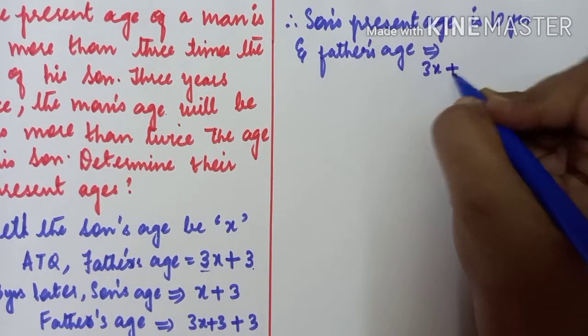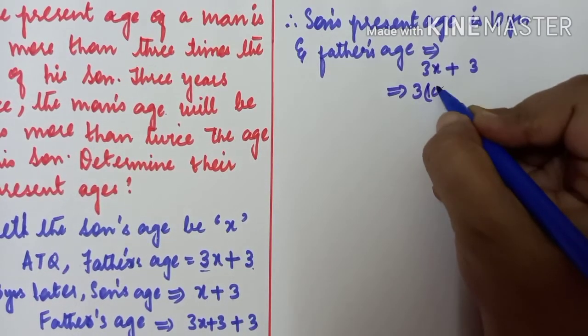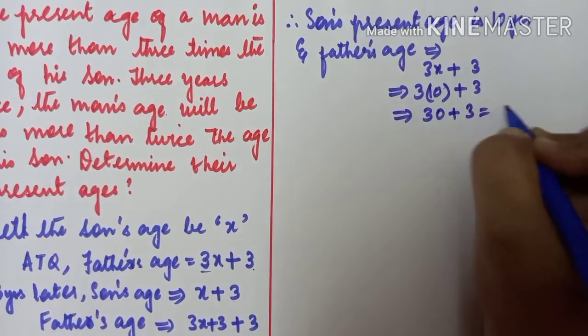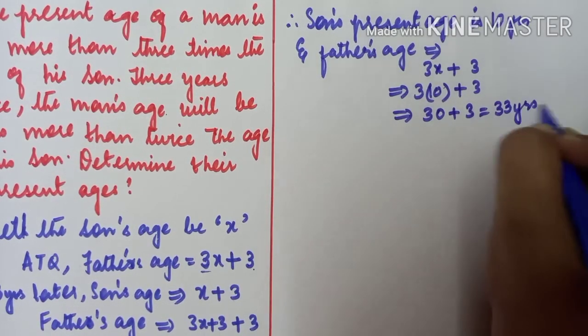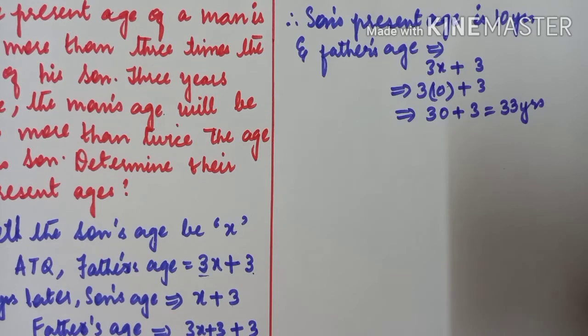So you have to substitute 10 in place of x: 3 tens are 30 plus 3, which will give you 33. So we can say that the present age of his son is 10 years, while the present age of his father is 33 years.